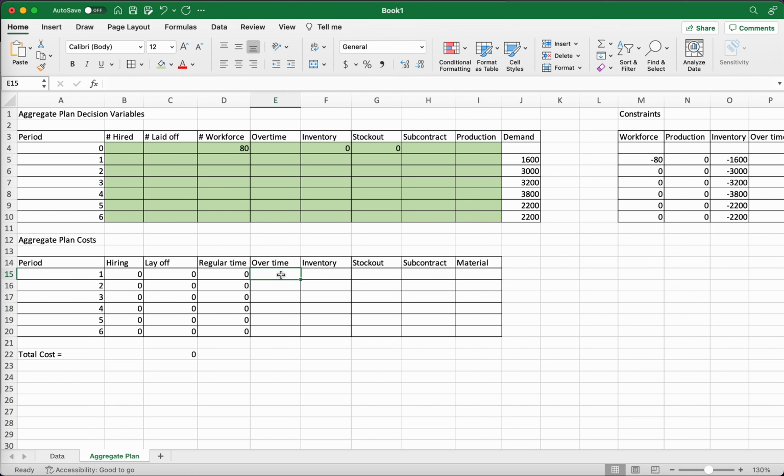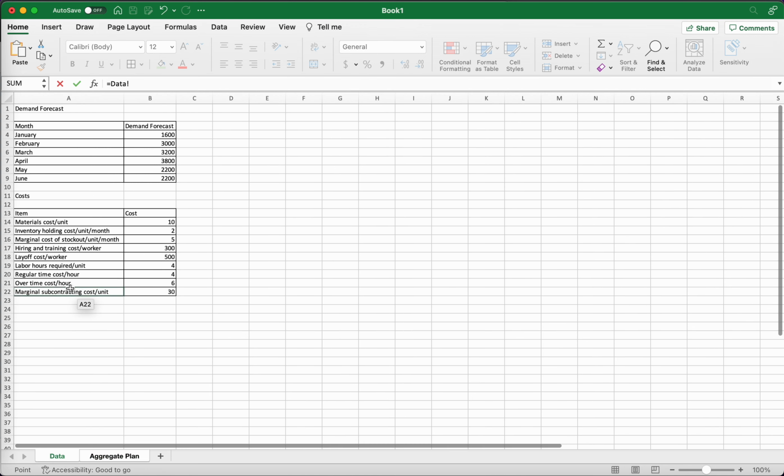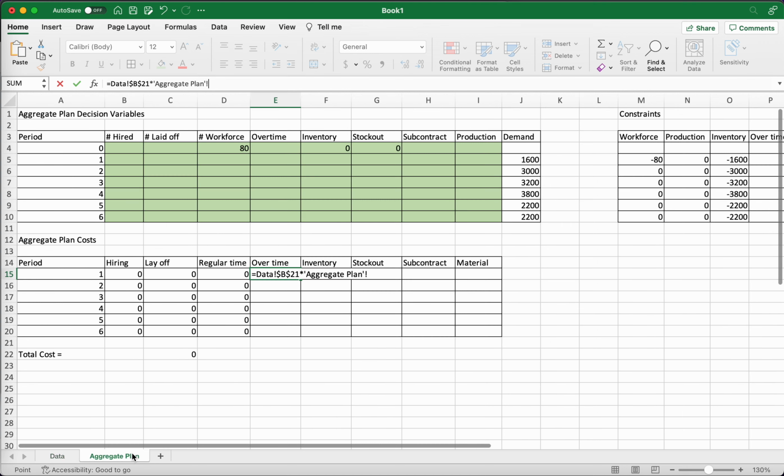The cost of overtime is just the number of overtime hours times the cost of overtime. We know that overtime cost is $6 an hour, right? So the cost of overtime is $6 times the number of overtime hours that you have in that particular month.